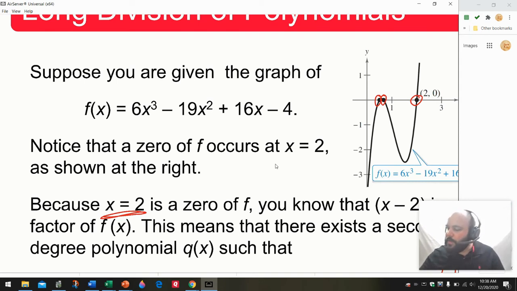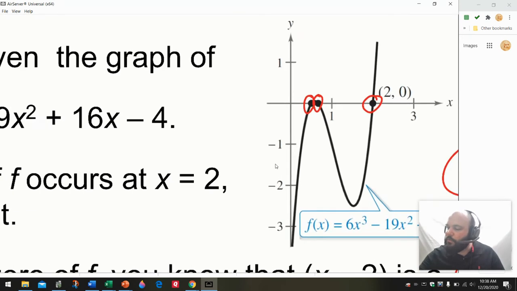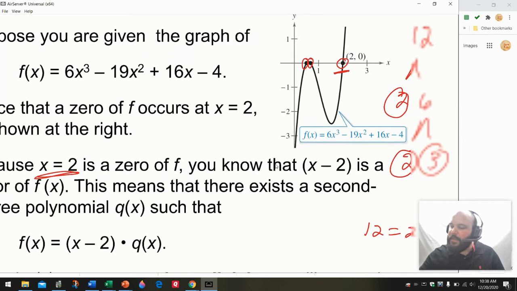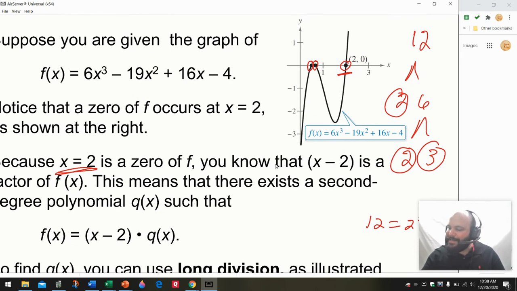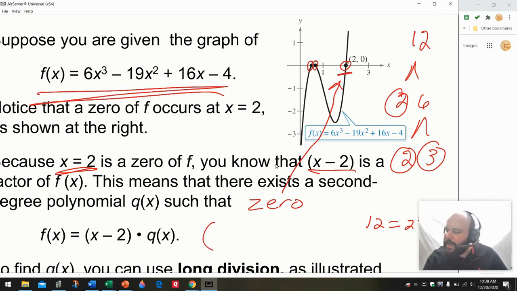But what I'm showing you here is that if you know something crosses at an x-intercept of 2, then the factor is x minus 2. So the general rule is if you know the zero, the reason why it's called a zero is the y value of that ordered pair is 0, then the factor is going to be x minus the zero. In this case, the zero was 2, so the factor is x minus 2.